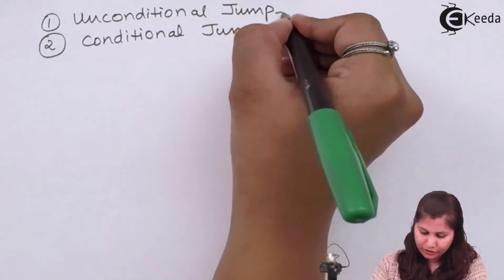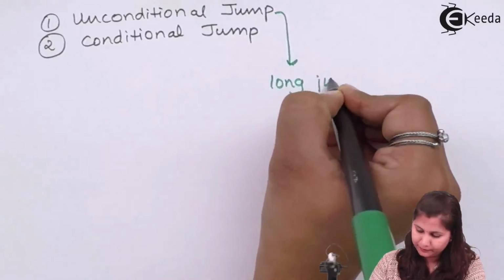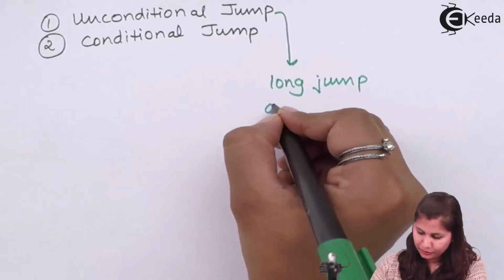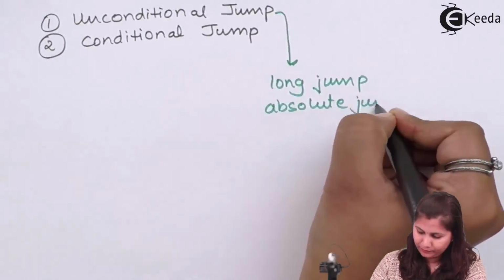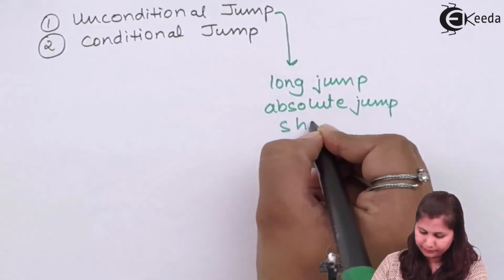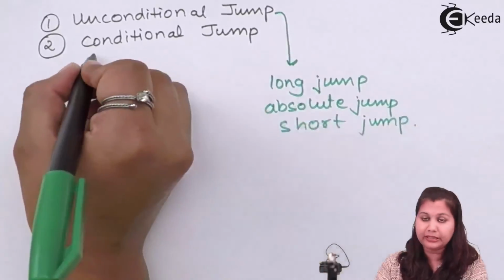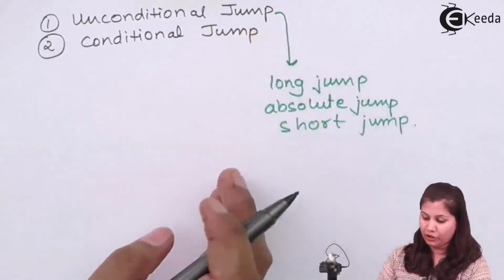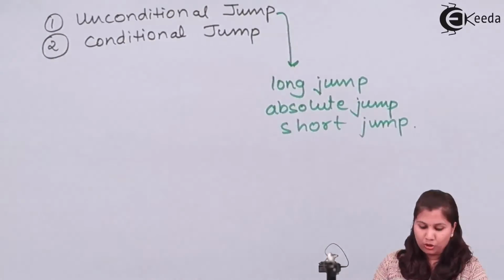Unconditional jump instructions also involve the long jump, absolute jump and short jump. And in a conditional jump, the condition will be specified. So first we study the unconditional jump instructions.